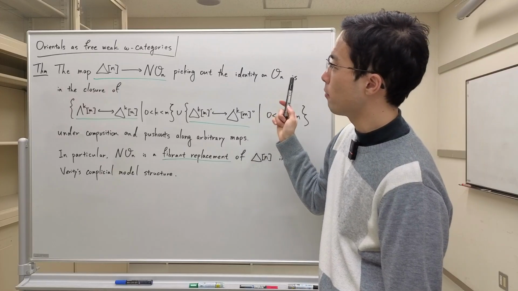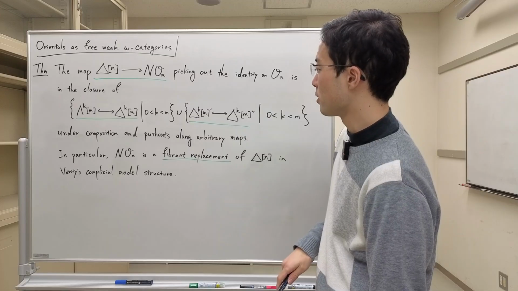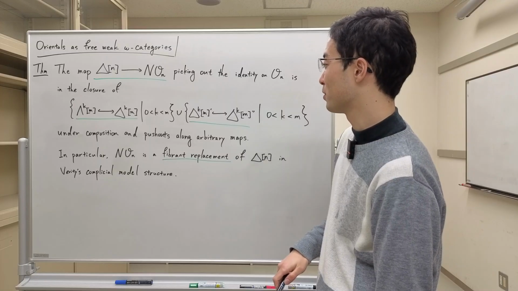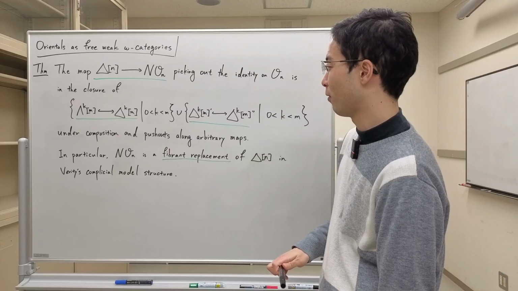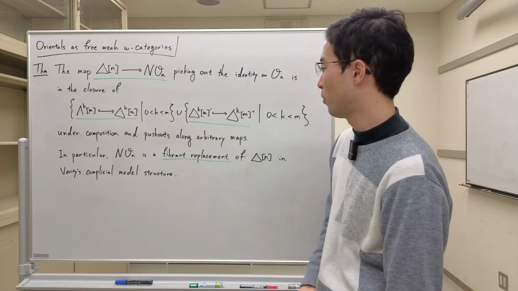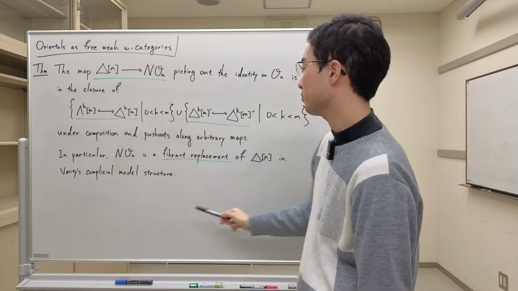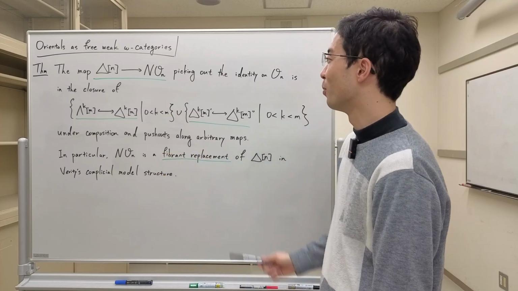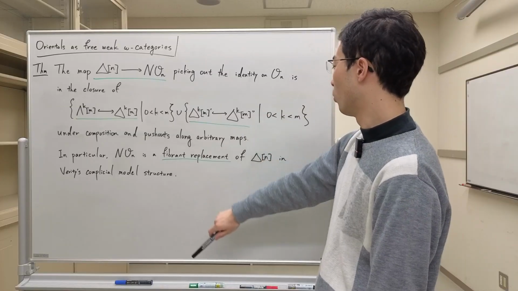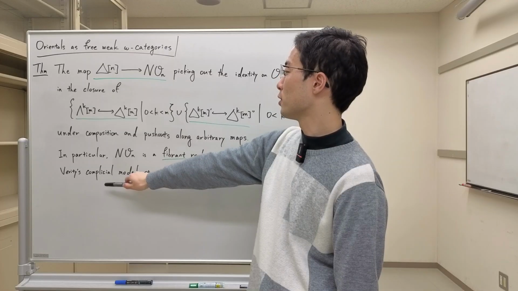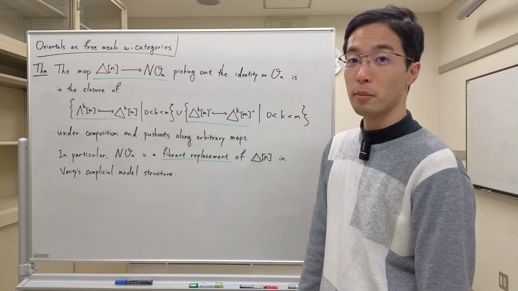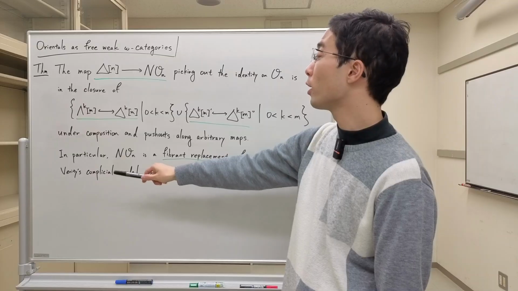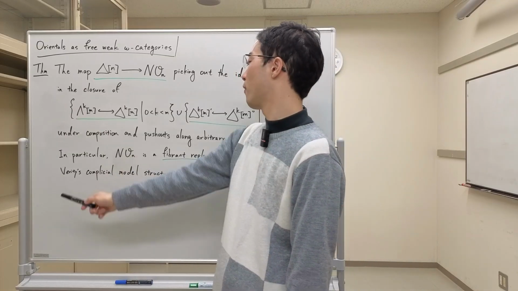And if you know about model categories, which I plan to make videos about in the future, but I haven't done that yet, then here is a more model categorical formulation of this result. There's a model structure due to Verity on the category of marked simplicial sets whose fibrant objects are precisely the weak complicial sets. So that's what I mean by the Verity complicial model structure.